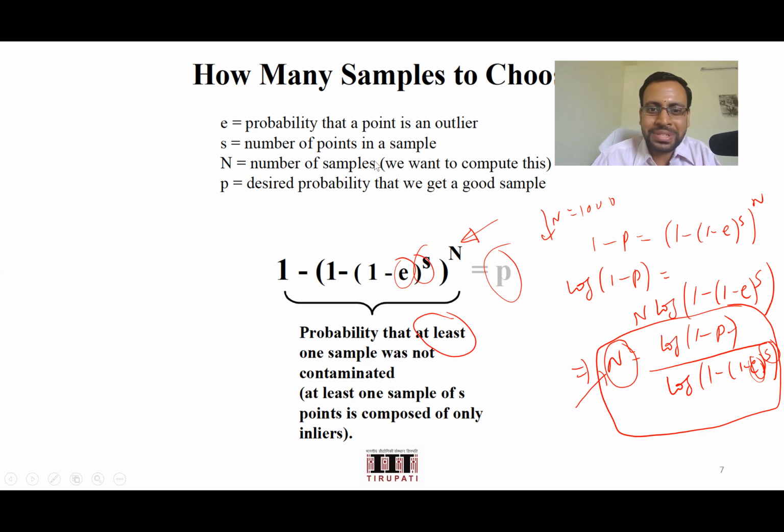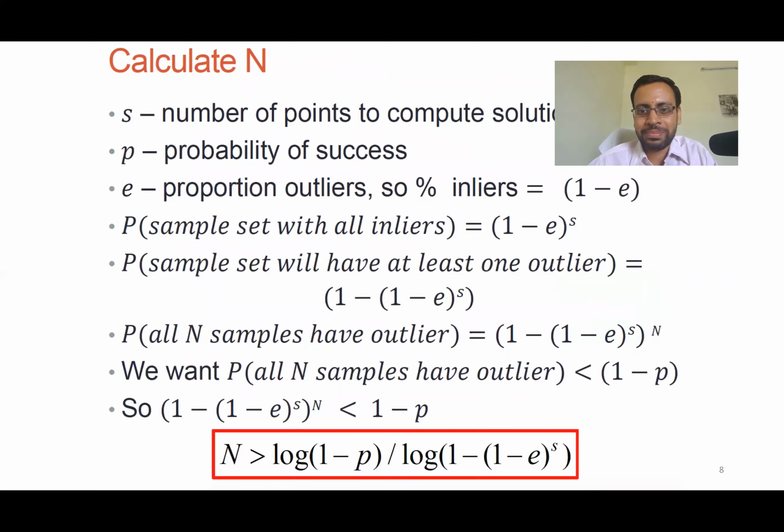So the number of samples I need to pick, or the number of times I need to repeat this experiment of picking a sample, is capital N. But what is more important is that among the whole number of points you have, as long as the proportion of outliers is the same, let's say 50% outliers, this is not going to be affected by the number of points you have. Sir, could you go to that adaptive algorithm?